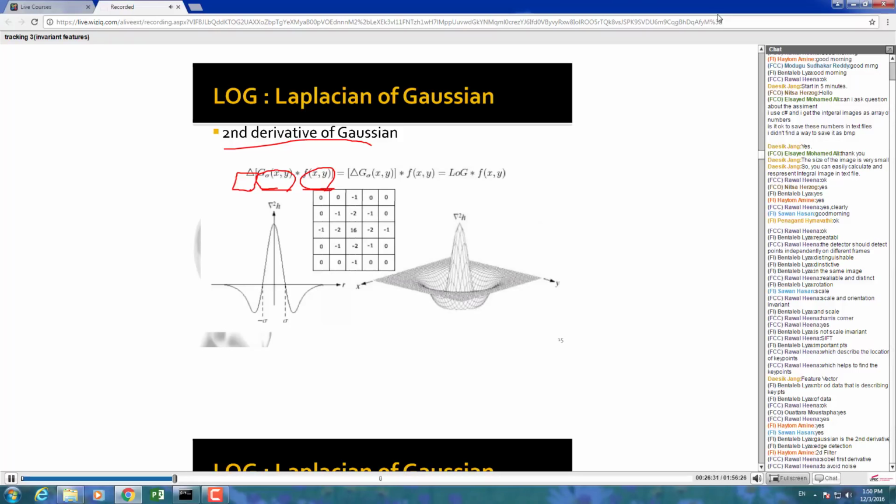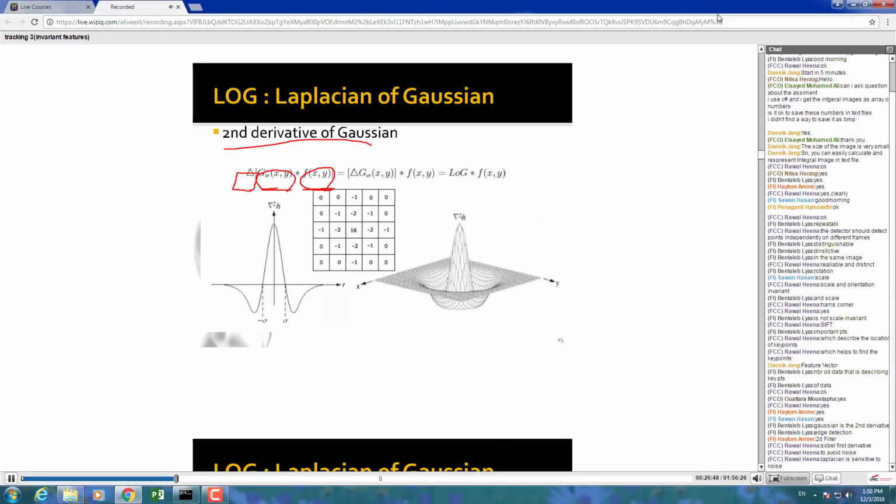For example, in the case of Sobel edge detection, we are not using Gaussian filtering, right? We are just applying the Sobel operator to the image. But in Laplacian, we need to apply Gaussian first. Why? To avoid noise, right?